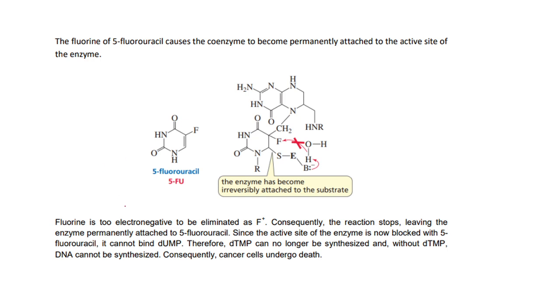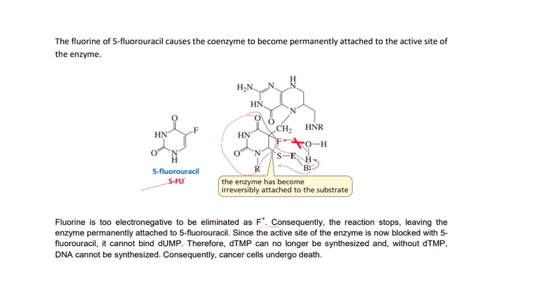The fluorine of 5-fluorouracil causes the coenzyme to become permanently attached to the active site of the enzyme. So 5-fluorouracil mimics the structure and then gets attached to the enzyme. This fluorine is too electronegative to be eliminated as F plus. Consequently, the reaction stops, leaving the enzyme permanently attached to 5-fluorouracil.